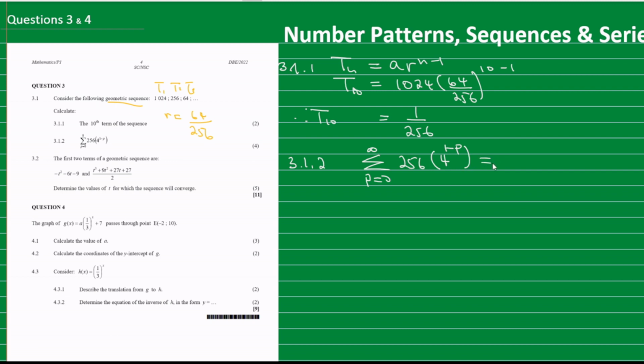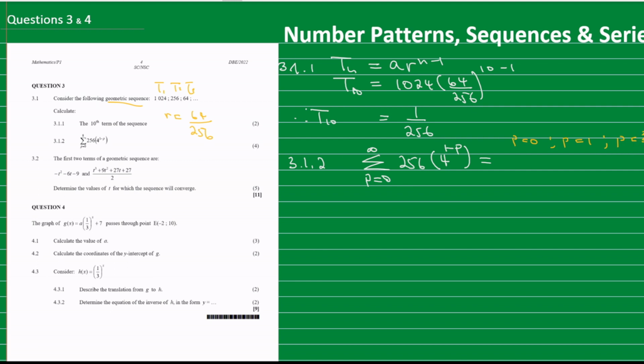Now, the standard thing when you are given this, it's a sigma notation, is you are going to create a series. We know that a series is a sum of a sequence. So we are going to create a series by substituting natural numbers into our formula. So what we are going to do is to substitute when P is equal to 0, then P is equal to 1, then P is equal to 2.